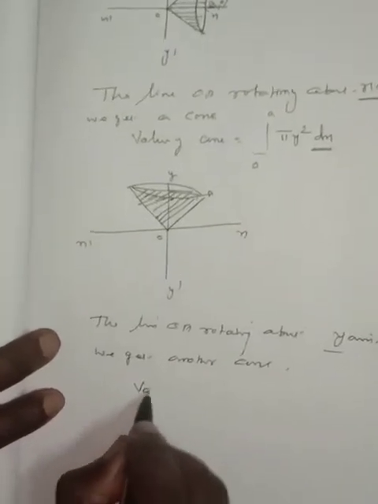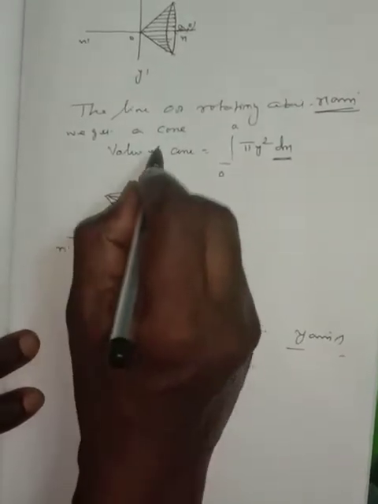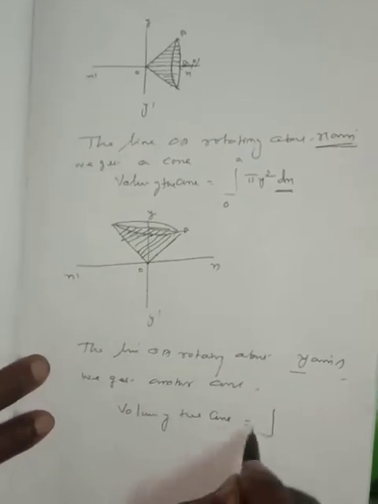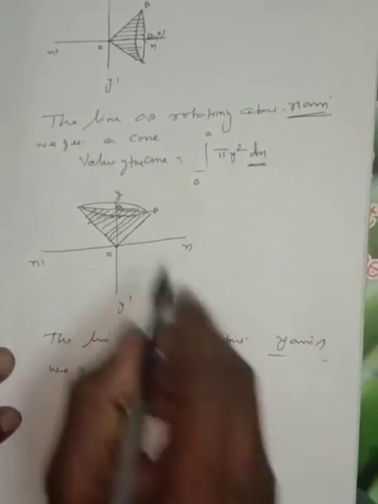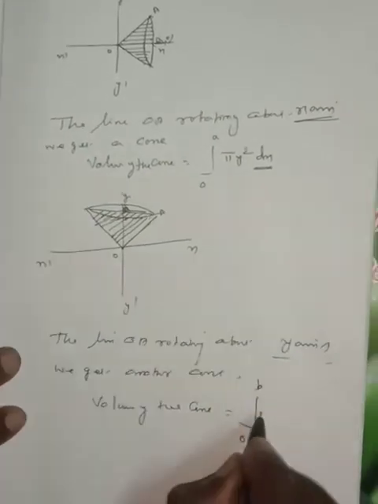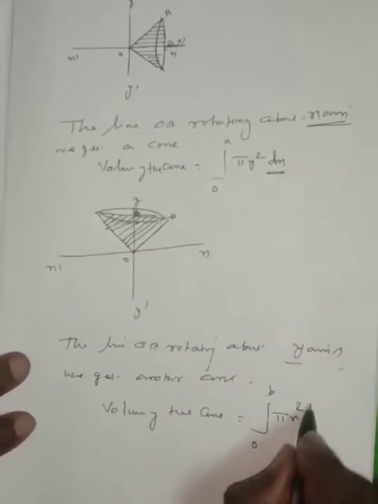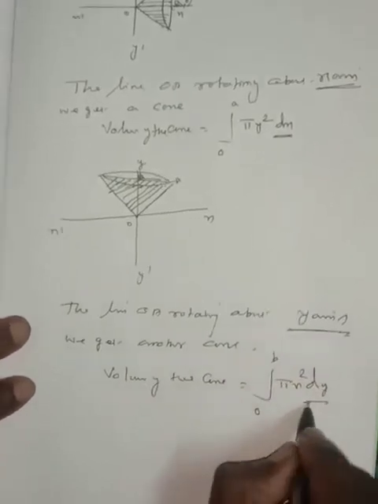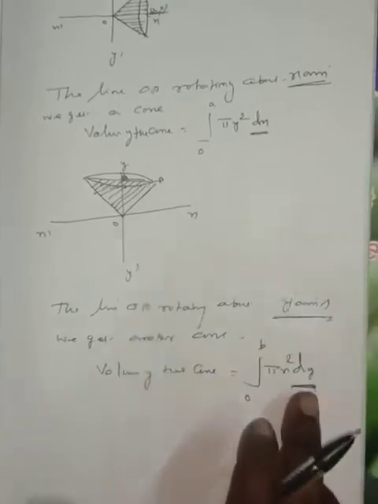Volume of the cone is from 0 to some edge point, A or B, in this case B. So 0 to B, pi x square dy, rotating about y-axis, therefore dy, pi x square dy. In this case the variable is y.